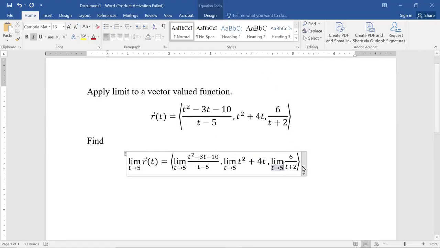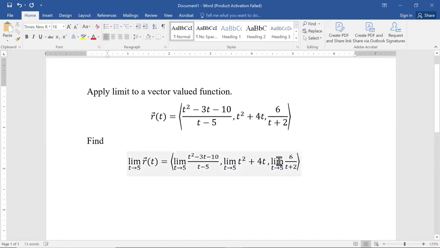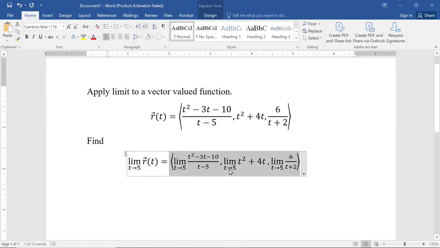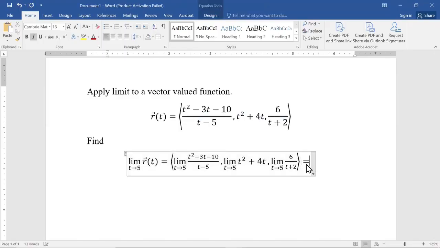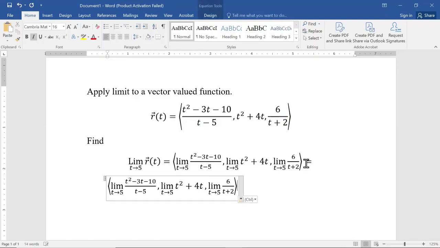Okay, so taking the limit as t goes to 5, on the y component and on the z component, all I have to do is plug in 5. Those are continuous, close to 5, so I just plug that in. Now on the x component, that's a little bit different. So what I'll have to do on the x component is a little bit of algebra, but let me go for the y component first.